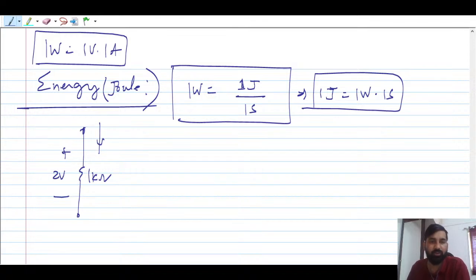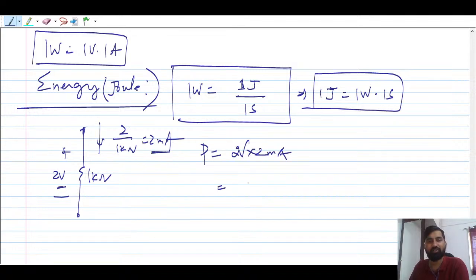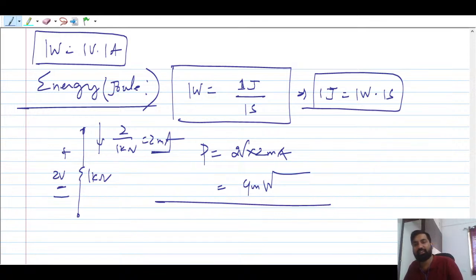So it will be 2 by 1 kilo ohm, which is 2 milliampere. The power is the product of voltage and current, so 2 into 2 milliampere, which is 4 milliwatt. I think this is clear.